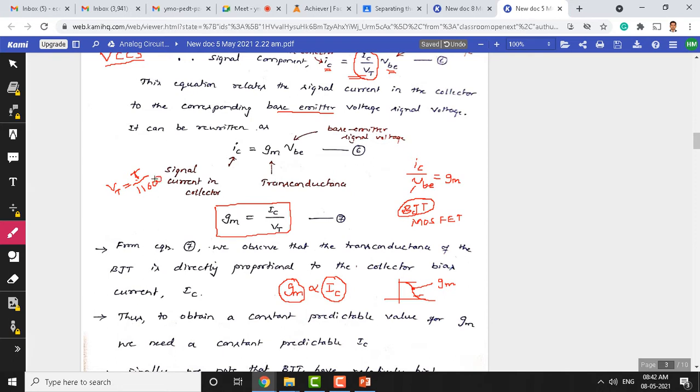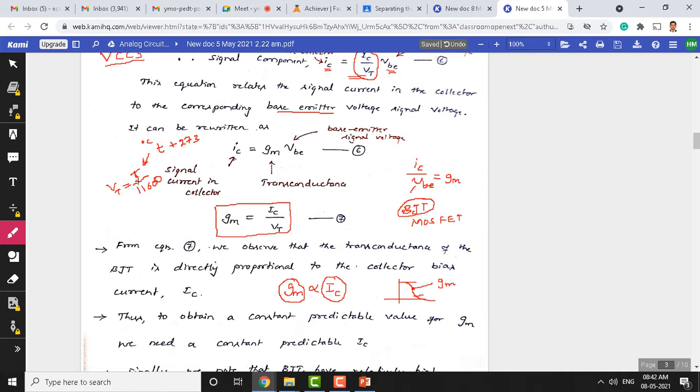If you have the temperature in Celsius, it can be converted into Kelvin by just adding 273 to T in degrees Celsius. So the thermal voltage depends upon the temperature, and the other factor is going to be a constant.